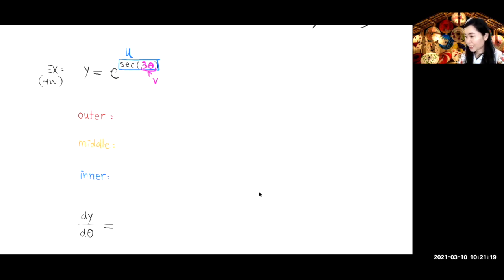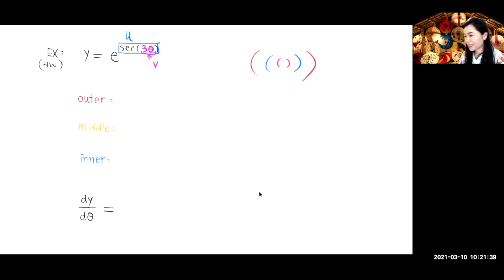So this is actually a composite function, with the innermost function 3 theta, the middle function secant of v, and the outermost function e to the u. So this is a 3-layer onion.